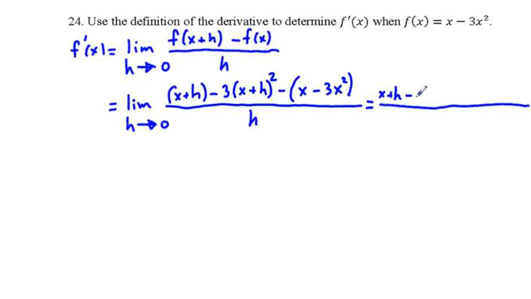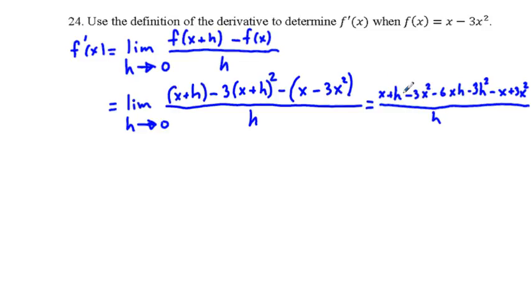So that's going to be minus 3x squared minus 6xh minus 3h squared, and now we have minus x, and we have minus 3x squared, so that's going to be plus 3x squared, over h.